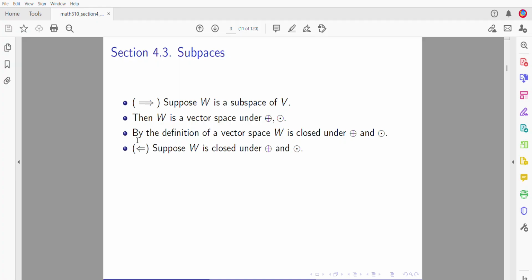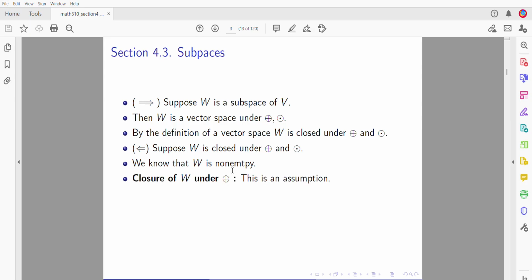Suppose W is a non-empty subset of V and closed under ⊕ and ⊙. We know that W is non-empty. So we want to show closure under ⊕. Now this is an assumption. So what is there to show? It is closed under ⊕. So that's the first condition.